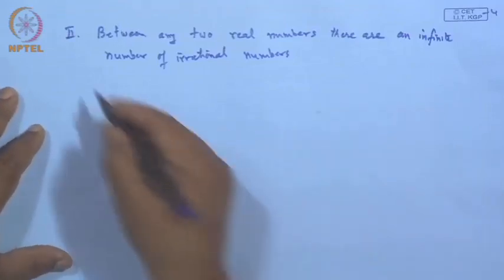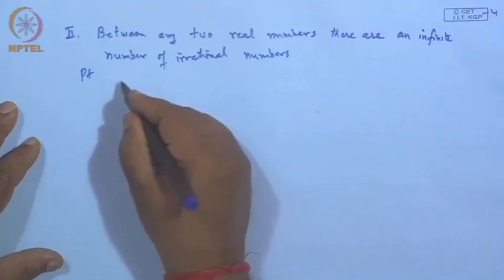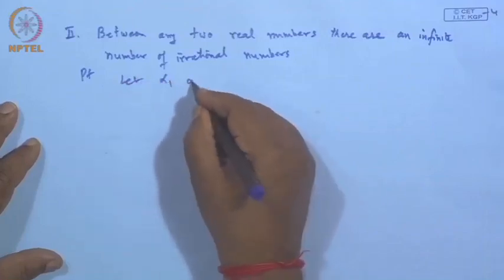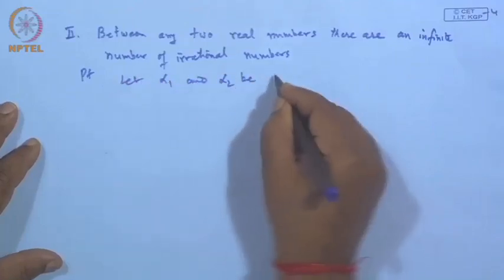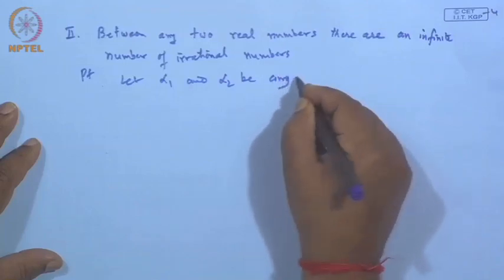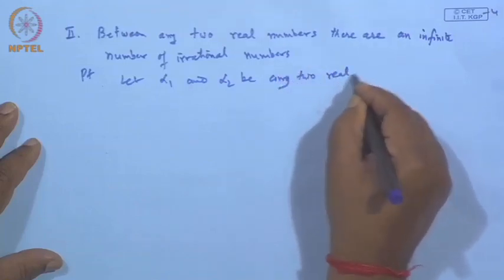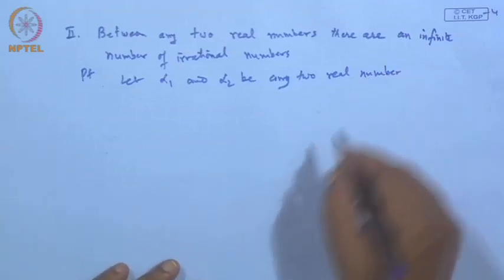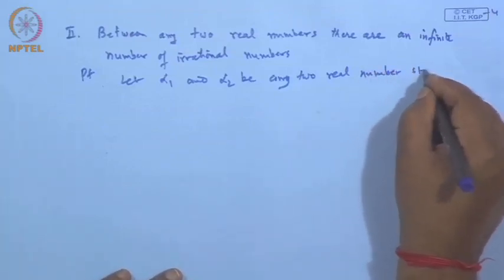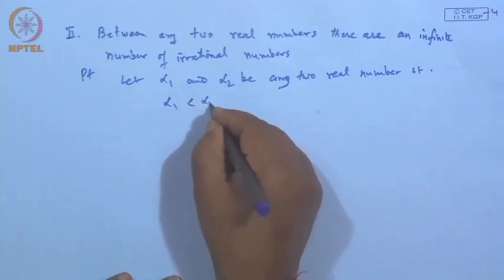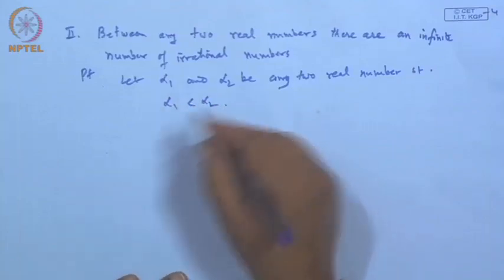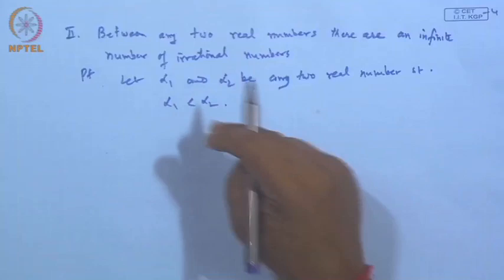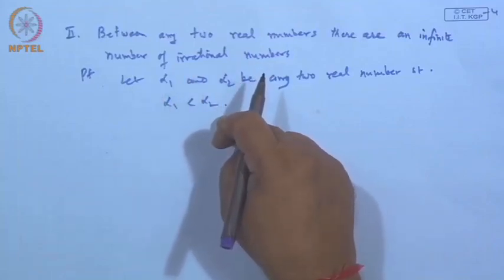Okay. Now, the proof: suppose alpha 1 and alpha 2 are any two real numbers such that alpha 1 is less than alpha 2. Now, by the previous property, between any two real numbers we can introduce rational points.